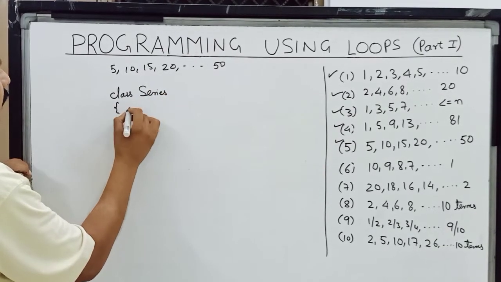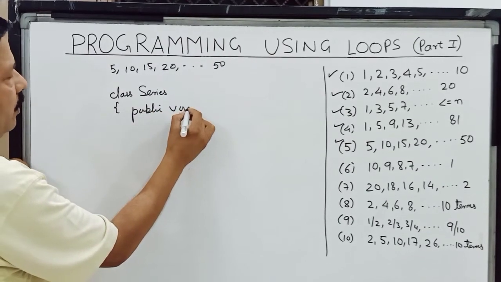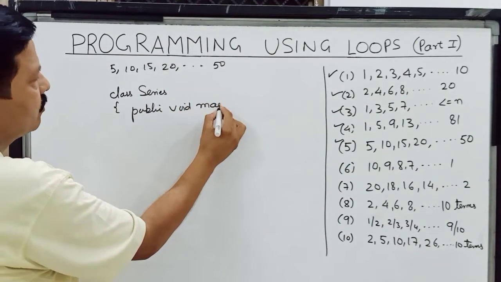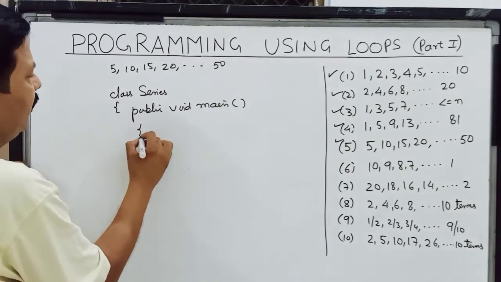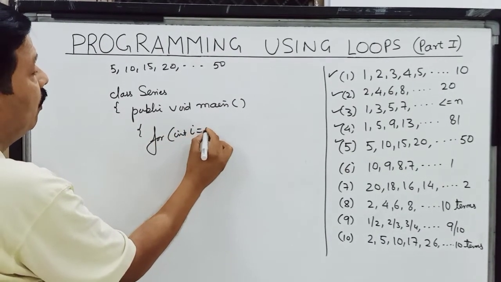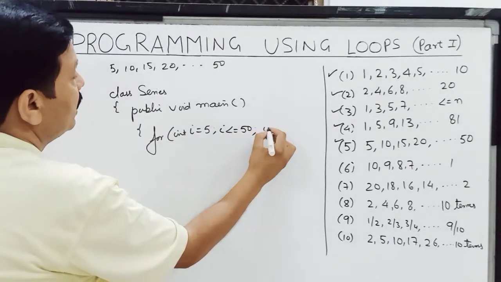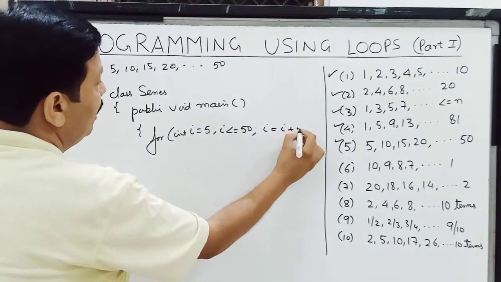So series, public void main. Here children, I am going to start my loop from 5 and it is going to end at 50. So I is equal to I plus 5.